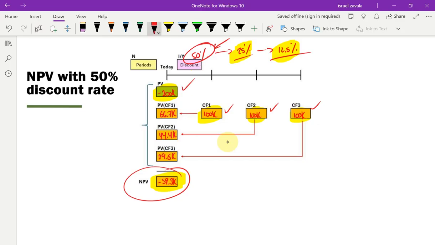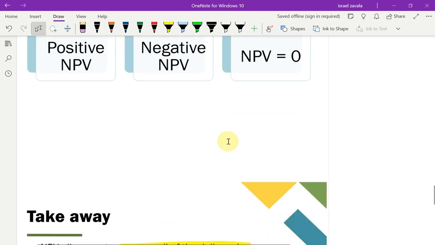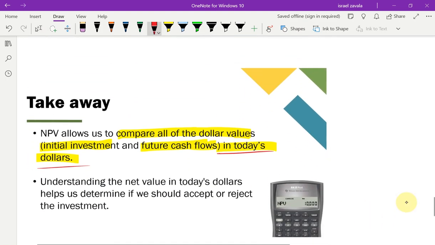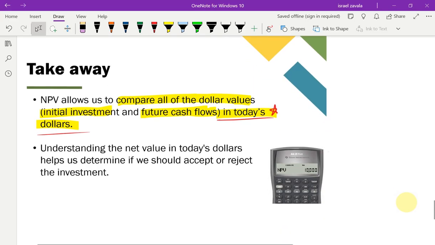It's really hard to know what the value of it's all going to be in today's dollars. So that's why it's really important that we compare in today's dollars, okay? And it also gives us an understanding of the net value in today's dollars. I feel like I'm repeating myself, right? Helps us determine if we should accept or reject an investment.